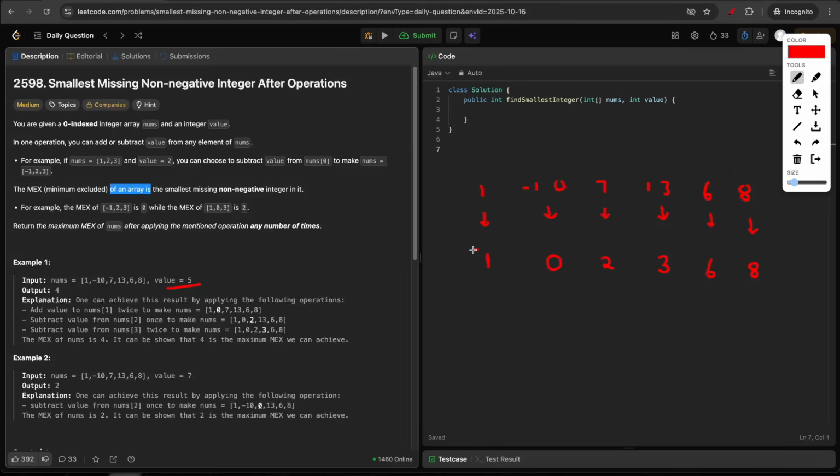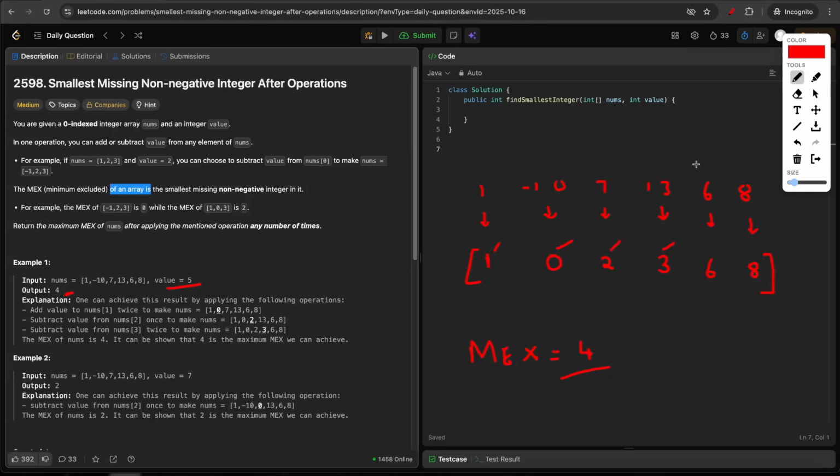So this is the array formed after the operations. So in this array, the MEX is calculated as the smallest non-negative number that is not present. So 0 is present, 1 is present, 2 is present, 3 is present, but 4 is not present. So the MEX of this array will be 4. And this is the maximum MEX we can form.